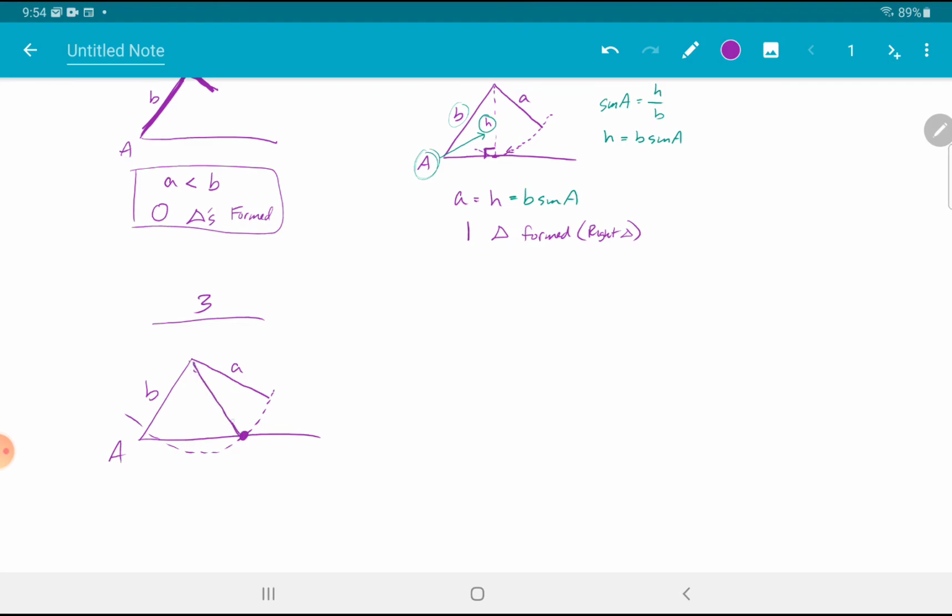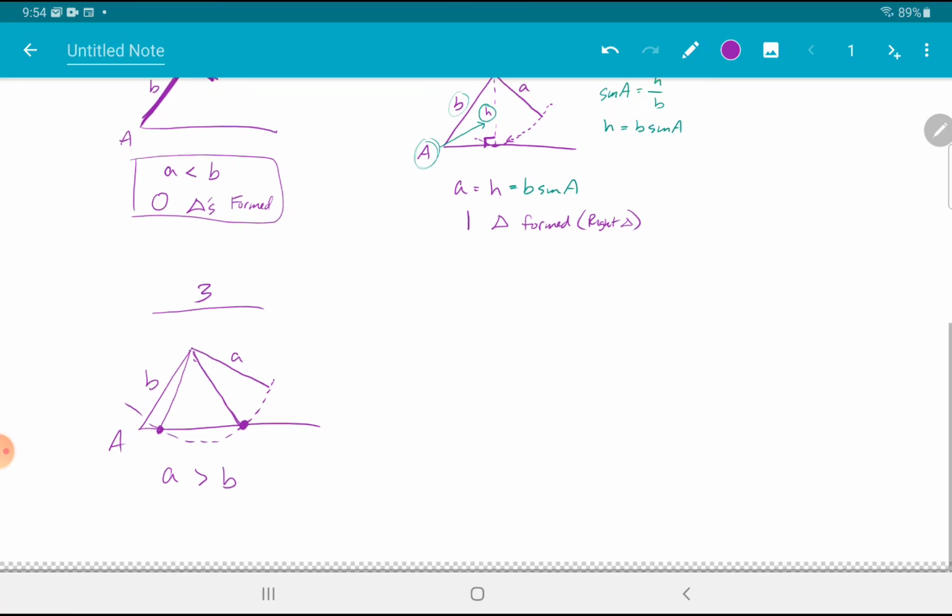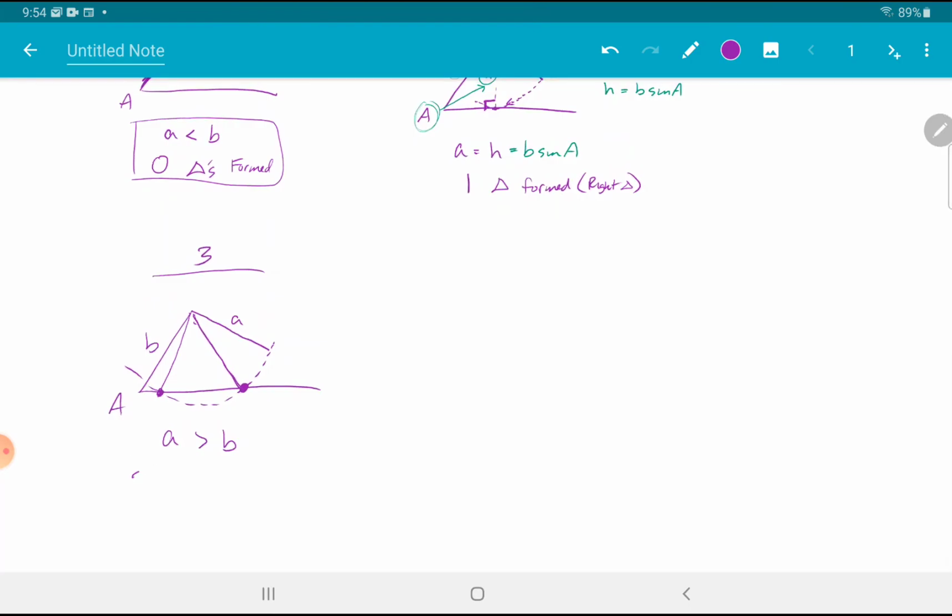One on the right side and also one on the left side, just like that. So you'll see that A is actually going to be greater than the value of B, right? And we see that you can get two triangles here. In this case, you get two triangles. Okay? So that's when A is greater than B, just like that.